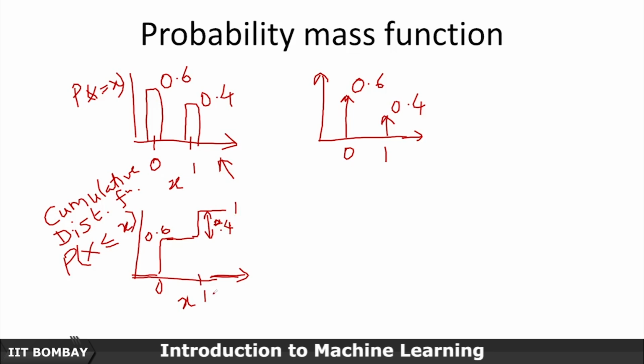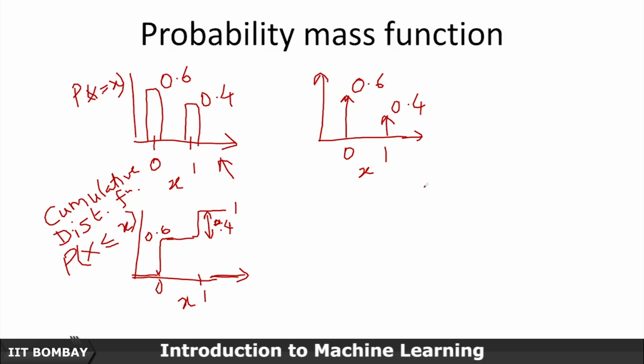So, this is a discontinuous function, and if we were to erroneously represent x as a continuous variable, then the graph of cumulative distribution would look like this. By cumulative I mean we are adding all the probabilities of all the values that are below that value of x.